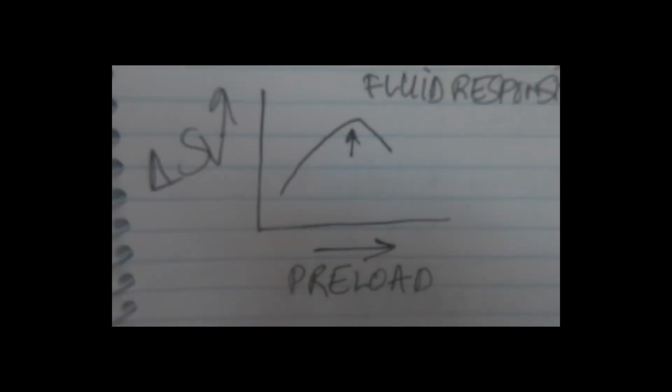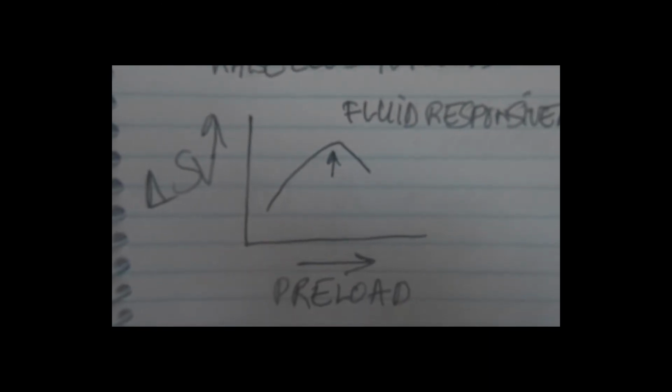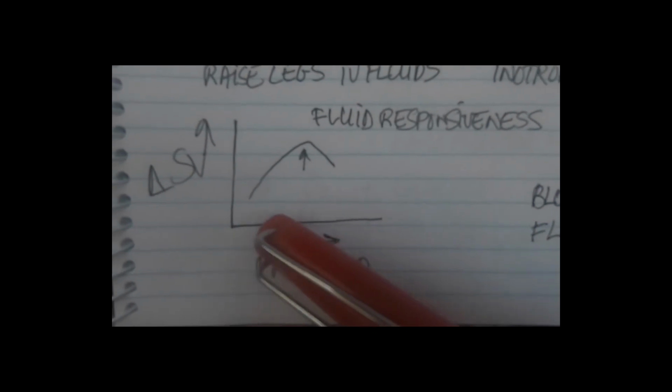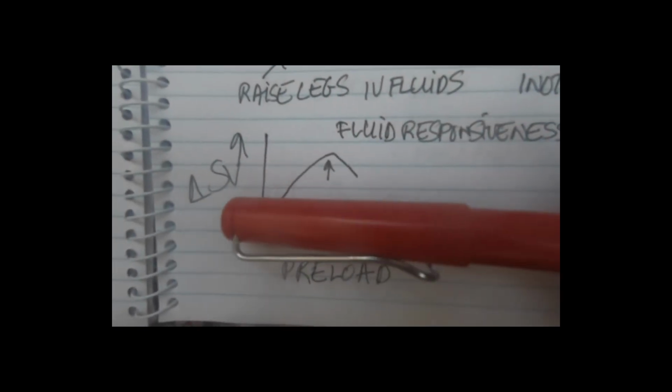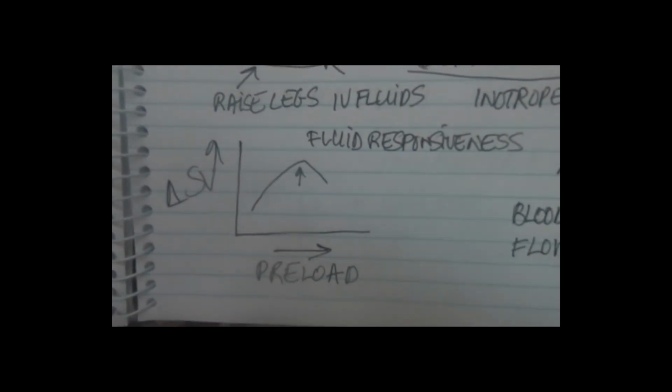So if you look at this curve here, that's the famous Starling curve. At the bottom we see that we can increase preload, and on the vertical axis we can see the stroke volume variation. Delta SV means stroke volume variation.